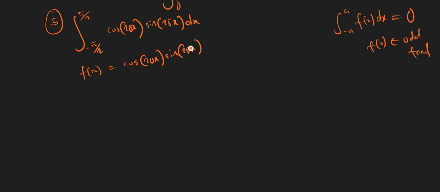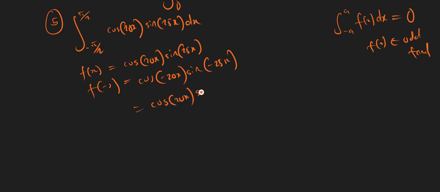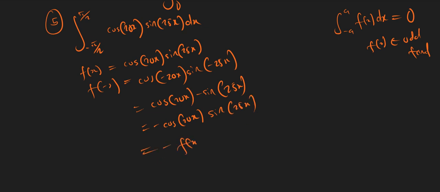So f of negative x is cosine of negative 20x times sine of negative 25x, which is going to be cosine of 20x and then sine with a negative, that is negative sine of 25x, which is going to be negative cosine of 20x times sine of 25x, which is negative f of x. So basically, f of negative x is negative f of x. So this function is odd.